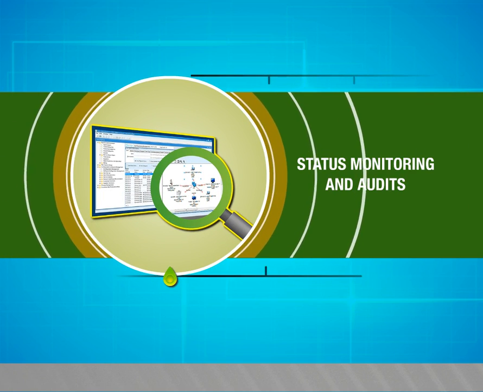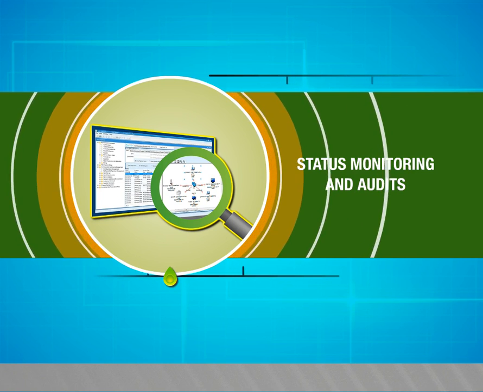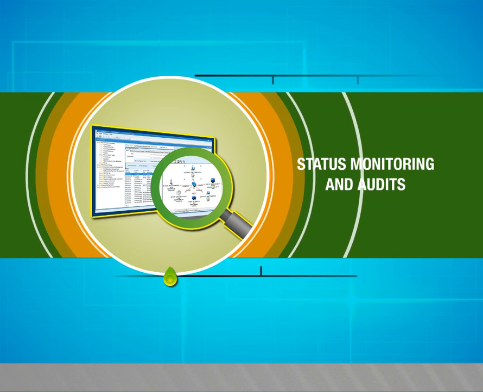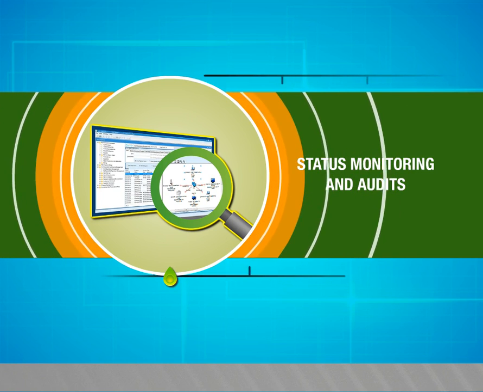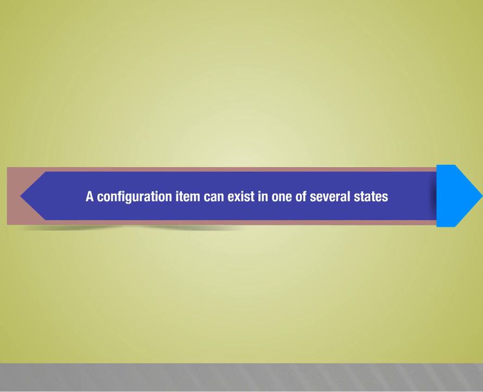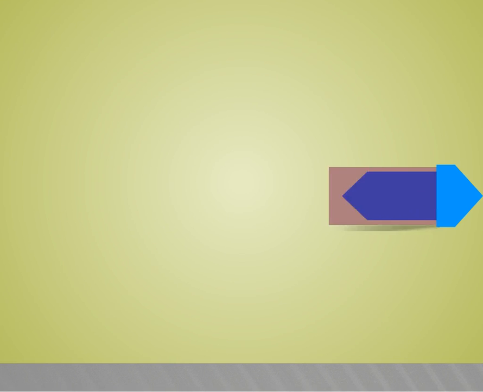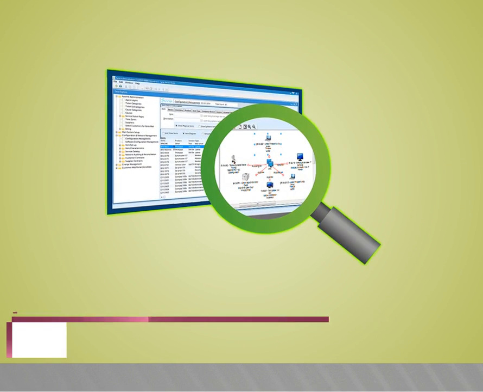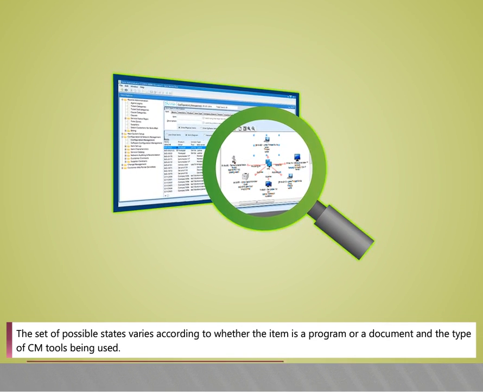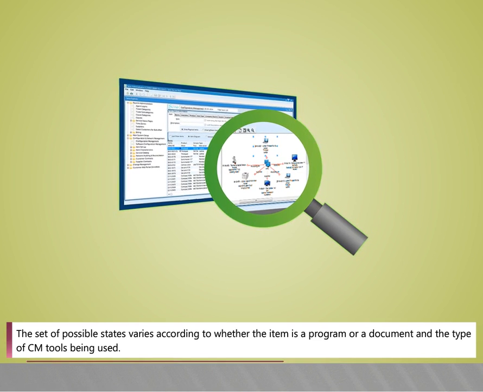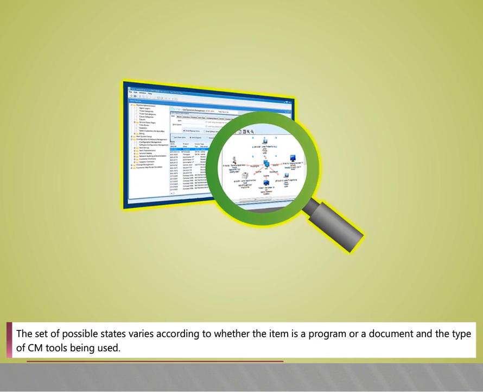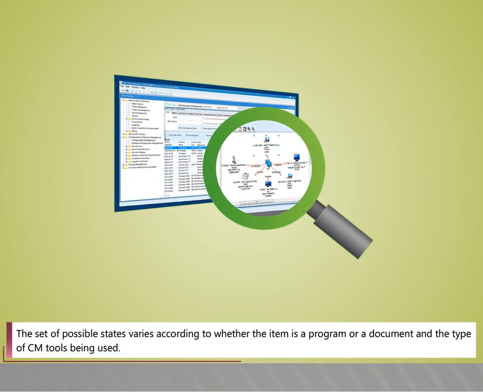Status monitoring and audits. In this video, we are going to see about status monitoring and audits. A configuration item can exist in one of several states. The set of possible states varies according to whether the item is a program or a document and the type of CM tools being used.